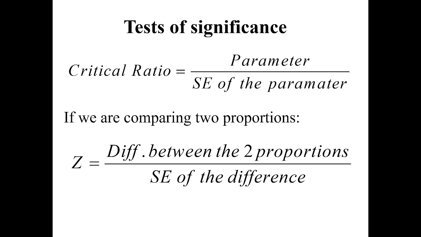This is what we call the Z-test. You compare the Z you calculate from your data with the classical theoretical distribution-based Z value, and depending on whether your Z is more than the tabulated value or less, we take a decision about the significance.